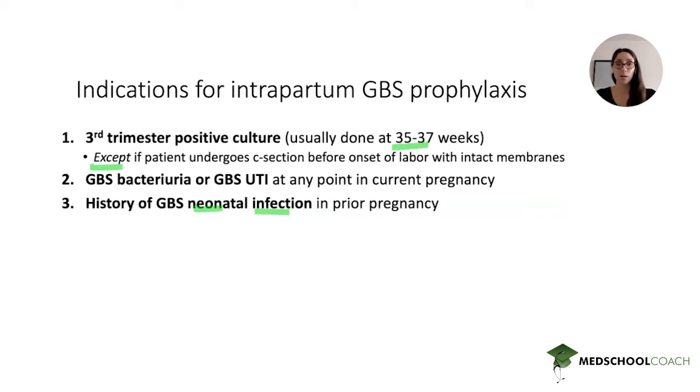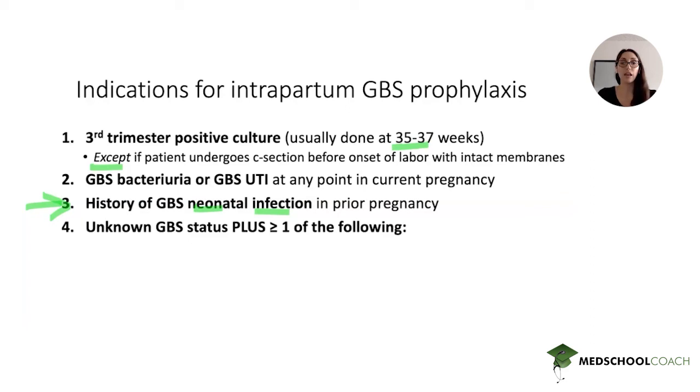Ultimately, the nuanced point that this question was testing was your knowledge of this specific indication. In this mother who had a prior pregnancy where the baby had GBS meningitis in the first week of life, that would be a sufficient indication for GBS prophylaxis in all subsequent pregnancies.